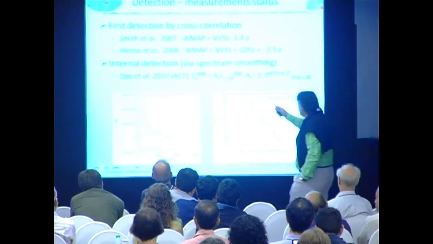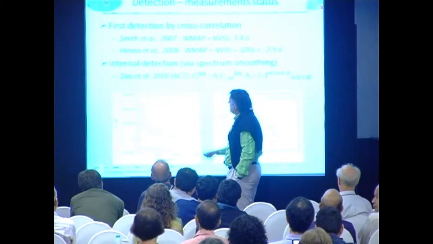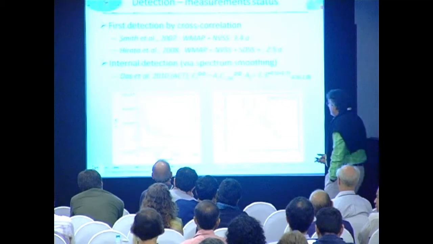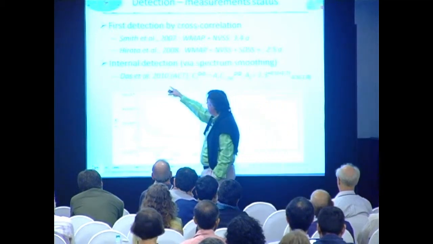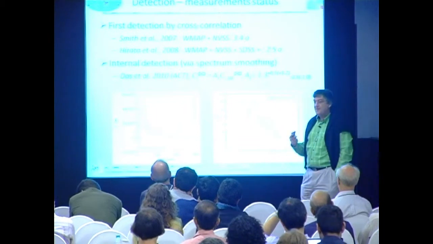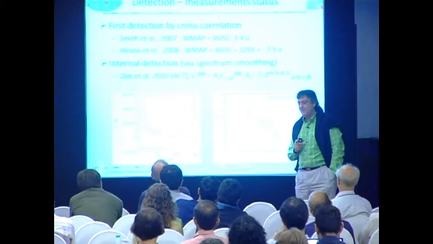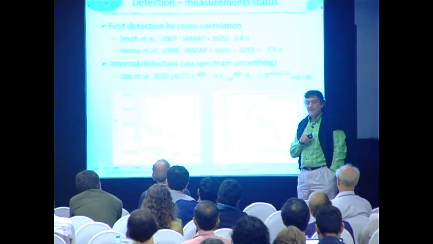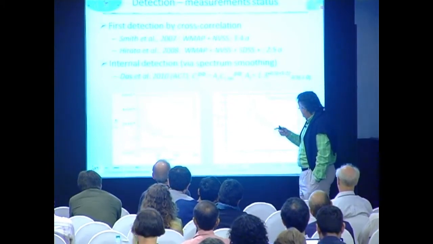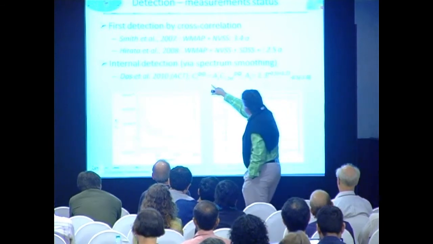And these were the first detections in cross-correlation. The big next step was done in 2010 by a direct internal detection, and this is not directly on B modes, but this was the smoothing effect on the CMB.